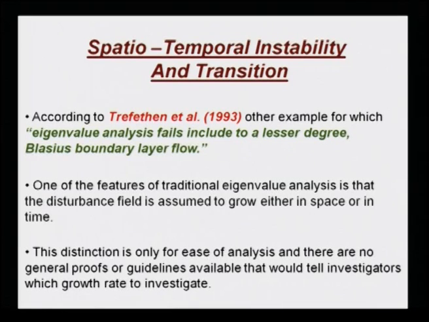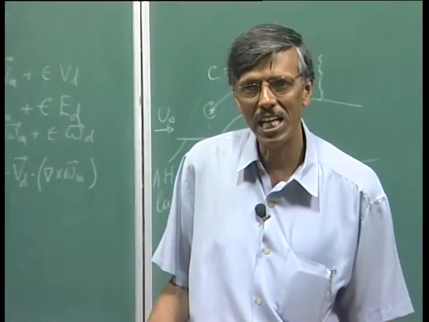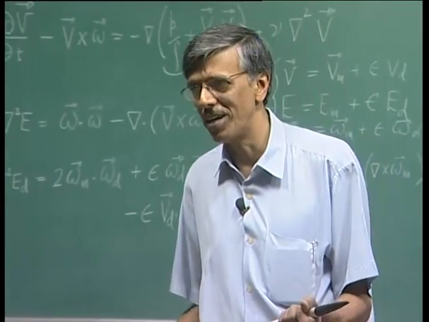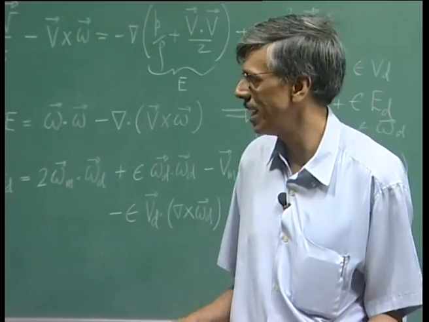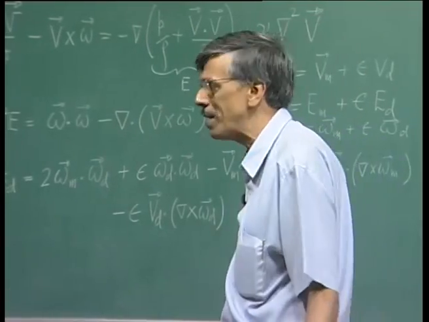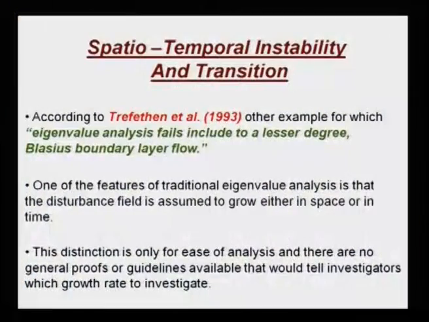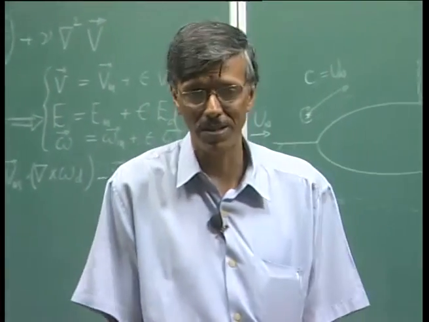One of the features of traditional eigenvalue analysis is that the disturbance field is assumed to grow either in space or in time. This is entirely a failure of the method, because physically, how do we know a priori whether the disturbances are growing in space or in time? Or who knows, it can grow both in space and time. And that is what the title of this topic is: we are trying to look for cases where we are going to see simultaneous growth in space and time.